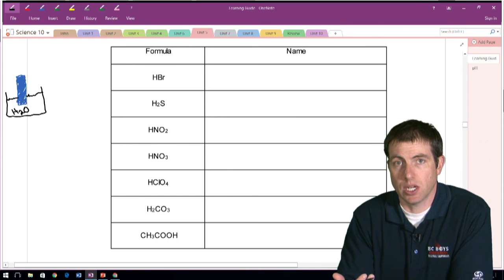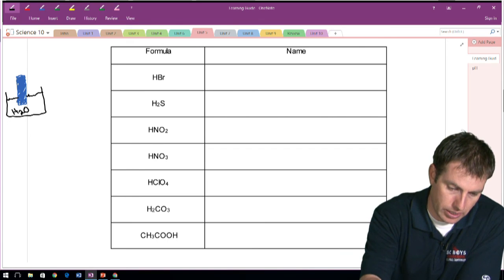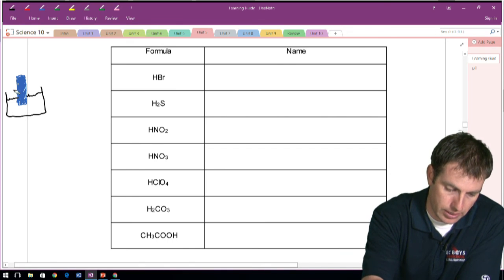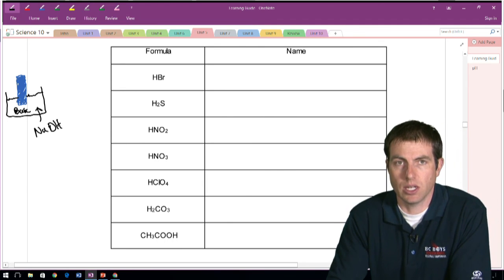It wouldn't change color. If I took blue litmus paper and put it in something like a base, something like, let's say, sodium hydroxide, the litmus paper is going to stay blue. It's not going to change color.